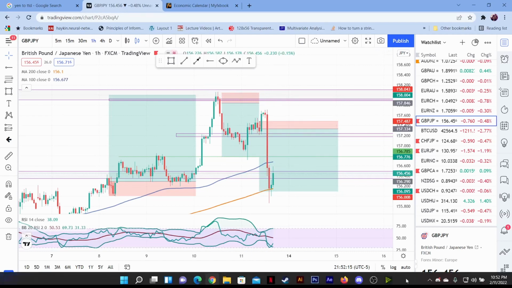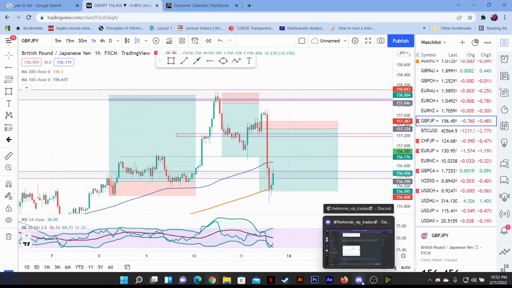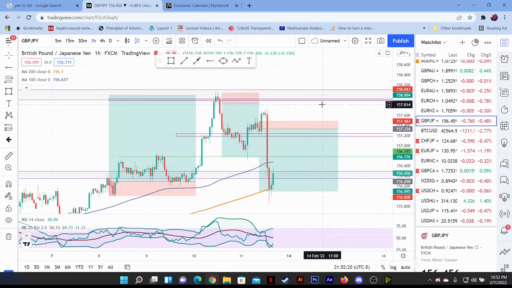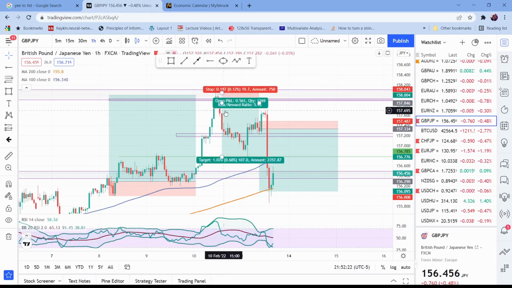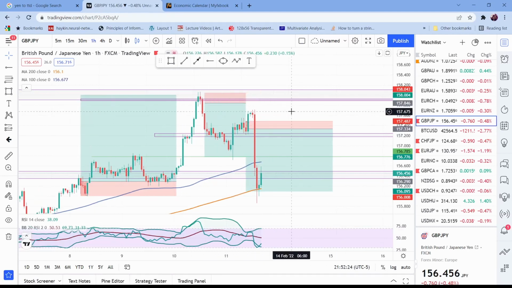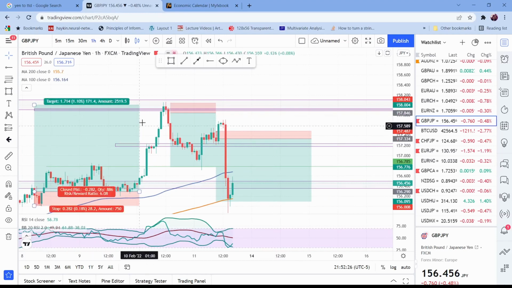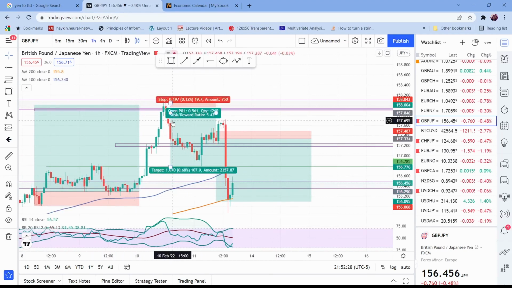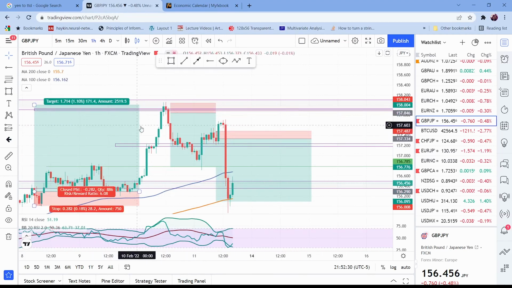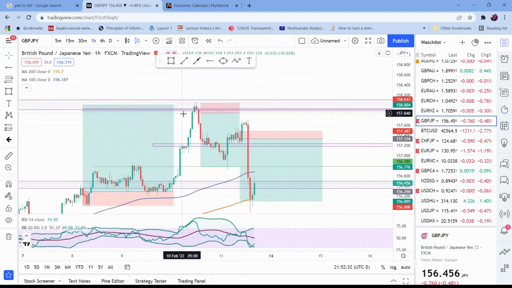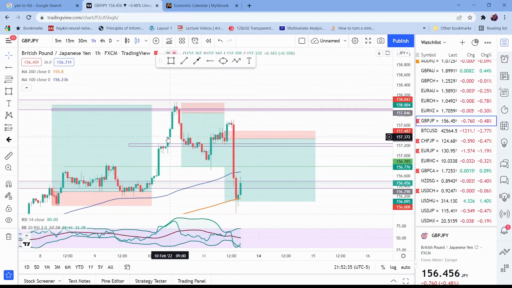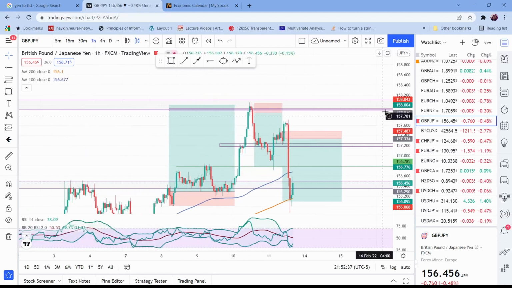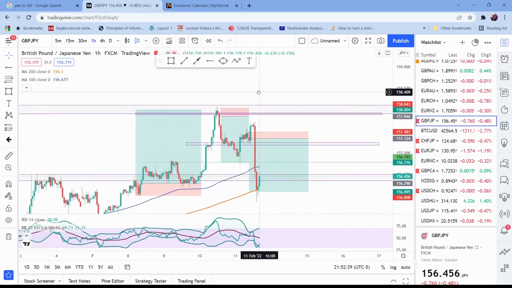I believe I took this one within the free channel, right? And I labeled it out, showed you guys, okay, we are at the daily zone. More than likely we're going to see a continuation move downwards from this area. Price is going to come right here, retest, reject, because now we're looking at an area of a lot of resistance.